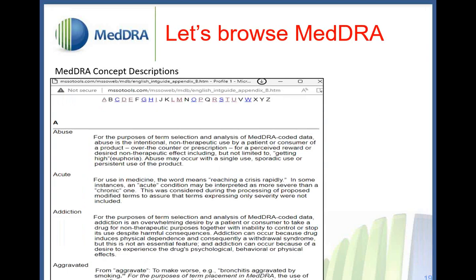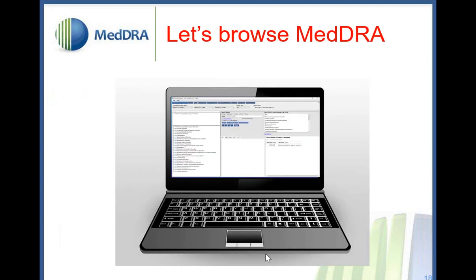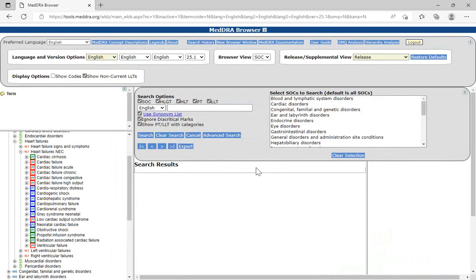One was aggravated, one was condition aggravated, but I want to refer to my MedDRA concept descriptions in order to see how aggravation is dealt with. What is aggravated synonymous with? Let me go to the web-based browser and open it from there. I will show you how to reach the MedDRA concept descriptions.